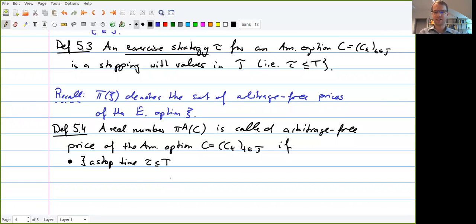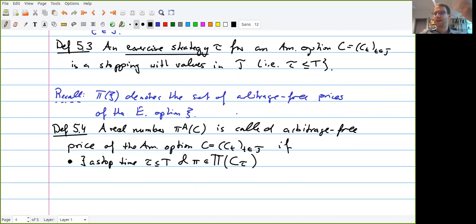So there exists an exercise strategy, and a corresponding arbitrage-free price, so that's small pi, to the now European option C. So we stop the American option at time tau.